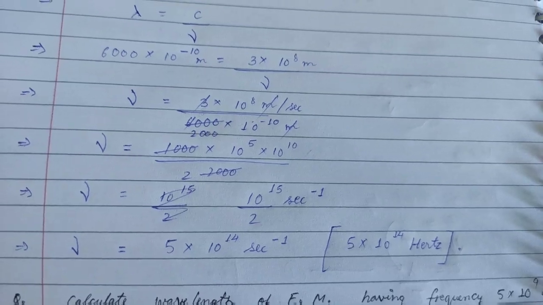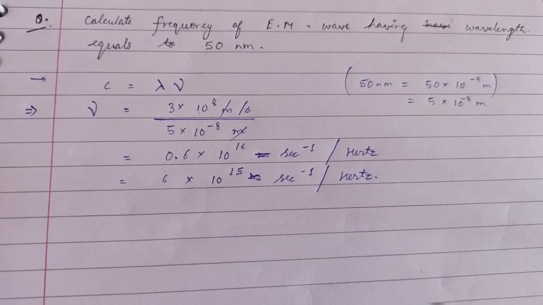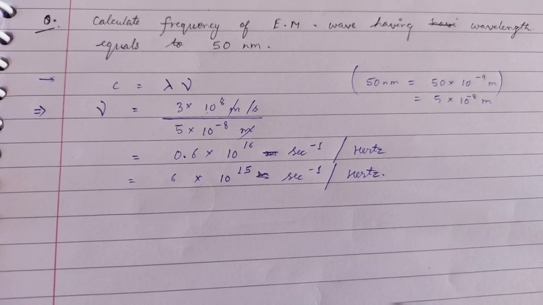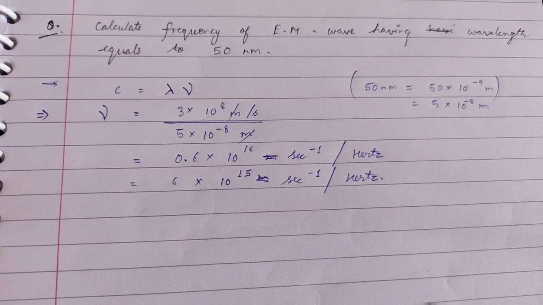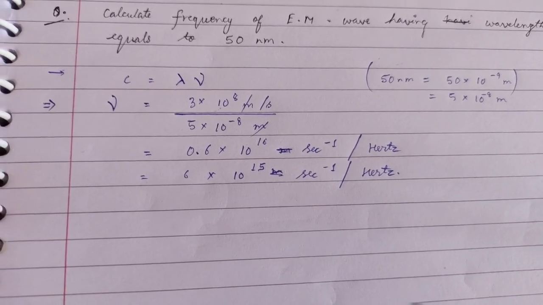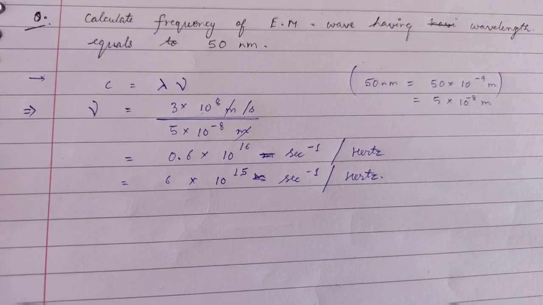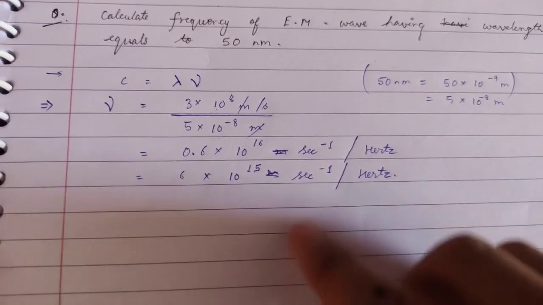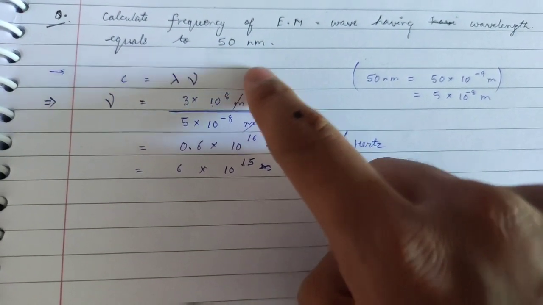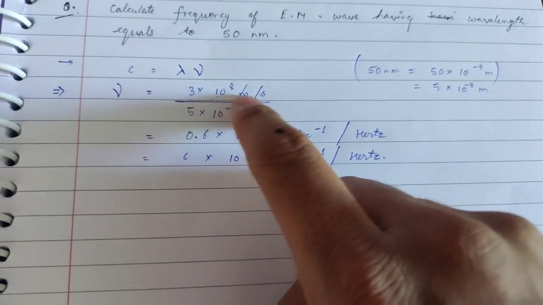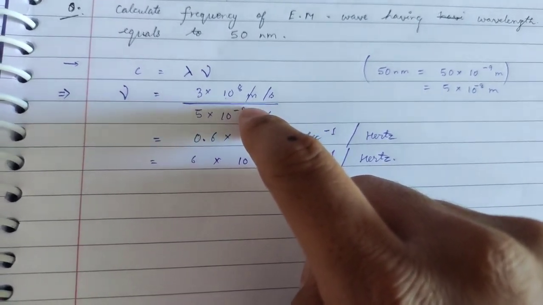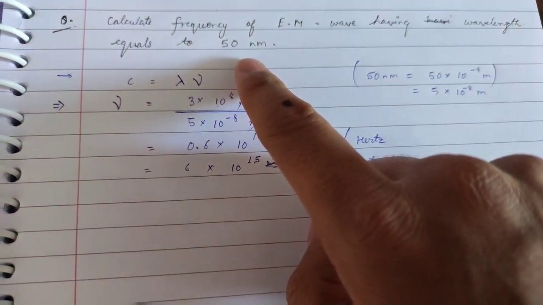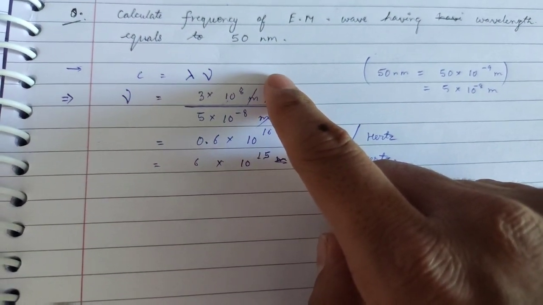Now let's see one more question. Calculate the frequency of electromagnetic waves having wavelength equal to 50 nanometer. Here we know the value of c, and we are given lambda also, which is the wavelength. So first we will convert nanometer into meter, because c is 3 × 10^8 meters per second, so for calculation all the units must be the same. 1 nanometer is equal to 10^-9 meter.